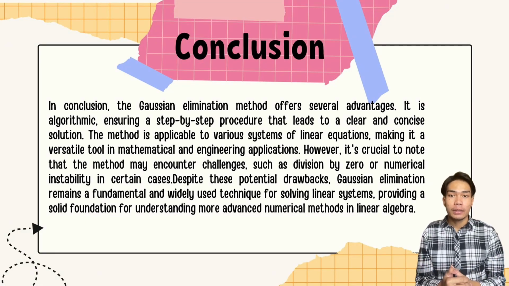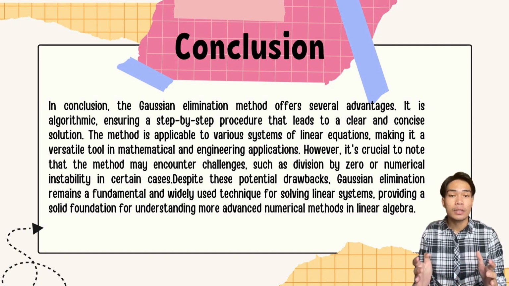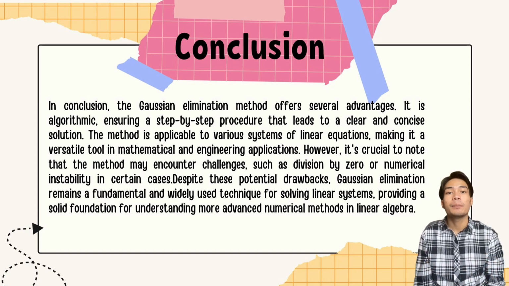In conclusion, the Gauss elimination method offers several advantages. It is algorithmic, ensuring a step-by-step procedure that leads to a clear and concise solution. The method is applicable to various systems of linear equations, making it a versatile tool in mathematical and engineering applications.